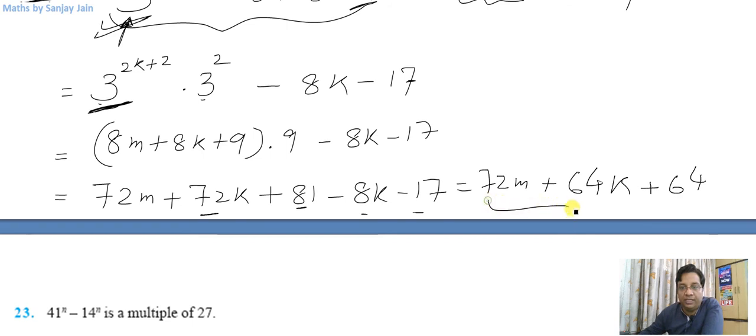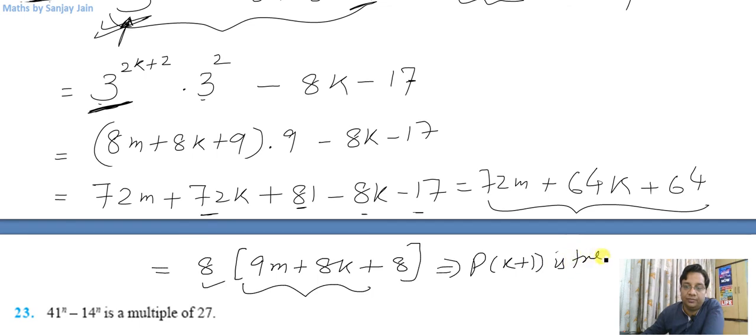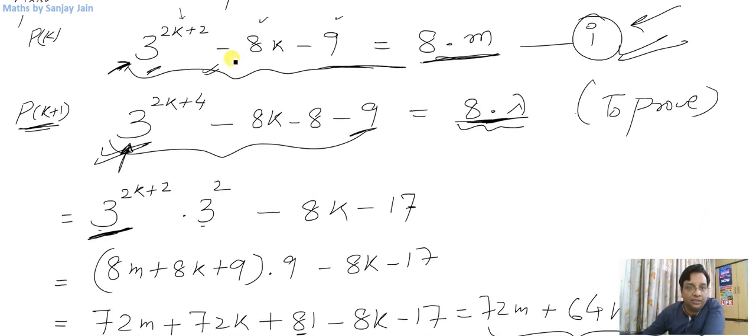Now if you see, you can take 8 common from this, so you can write this as 8 into 9m plus 8k plus 8. So it is certainly a multiple of 8, hence I can say p of k plus 1 is true.